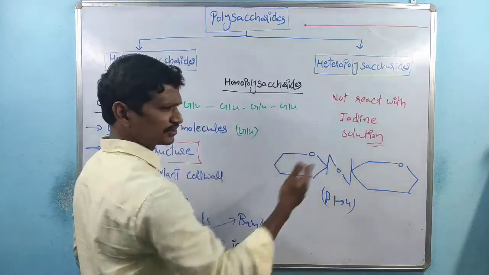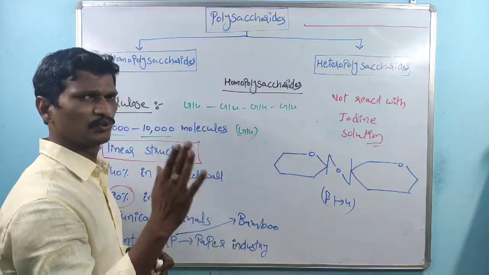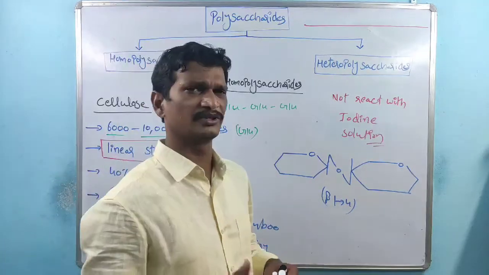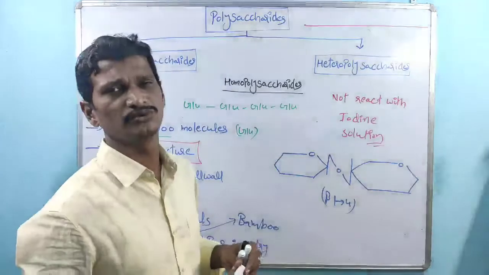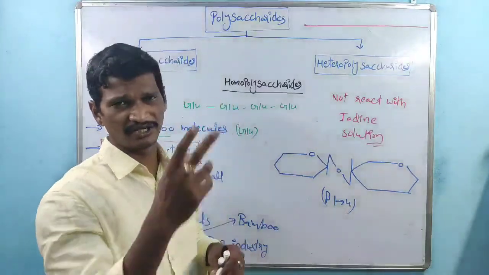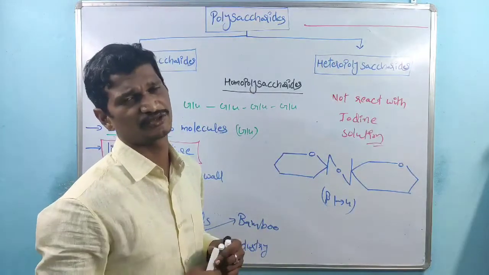If starch is taken, definitely the reaction takes place and a blue color complex forms. All of the students, better search for this answer; otherwise tomorrow in class I will explain why there is no reaction with cellulose and why the reaction takes place between starch and iodine.